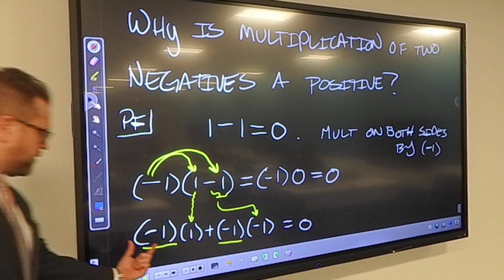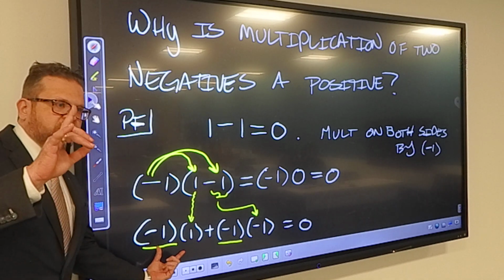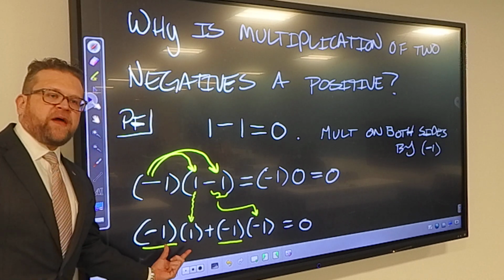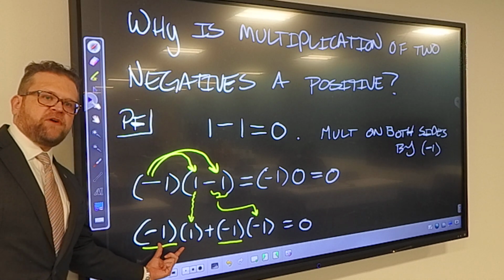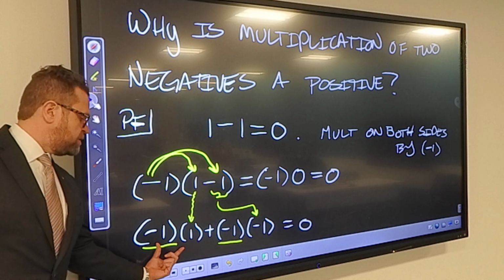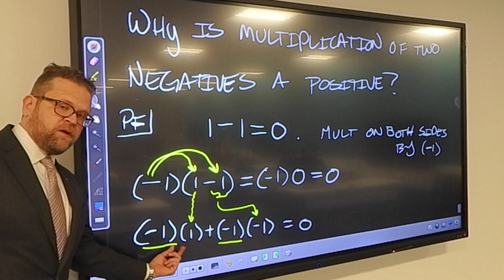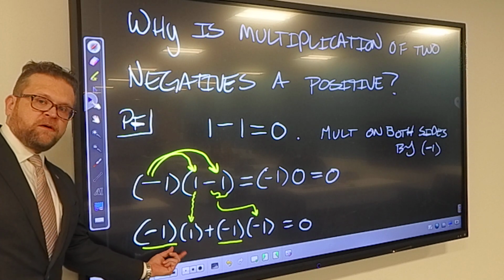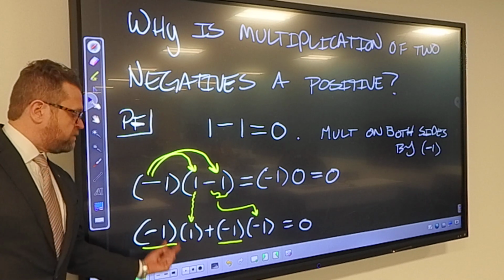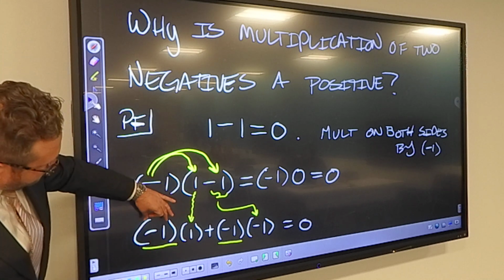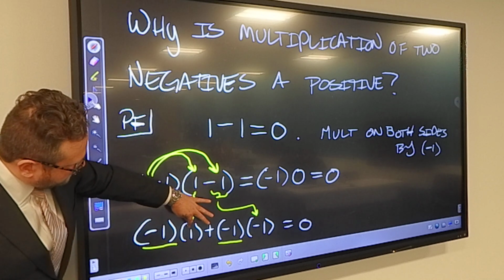Can we clean up this part at all? So I want to clean this up. Which fact should I cite that we've covered already? Which definition? The multiplicative identity. Yes. I have a number. It's multiplied by the multiplicative identity.